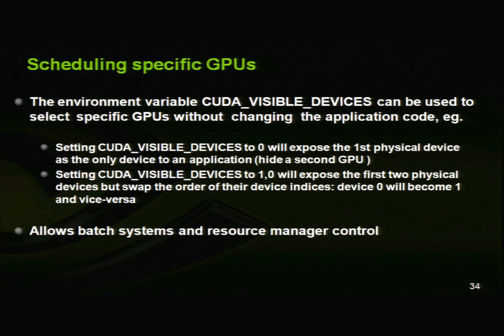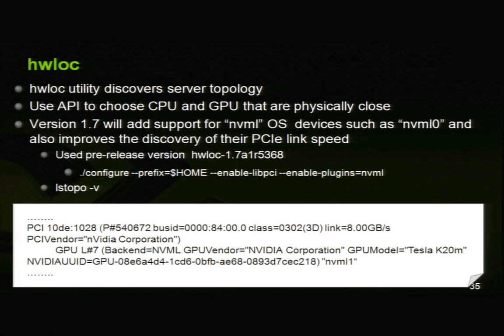Or you can switch the index of the GPUs. For instance, CUDA_VISIBLE_DEVICES set to 1,0 will expose the first two physical devices, but swap the order of their device indices. It allows a batch system and the resource manager to control specific GPU devices.